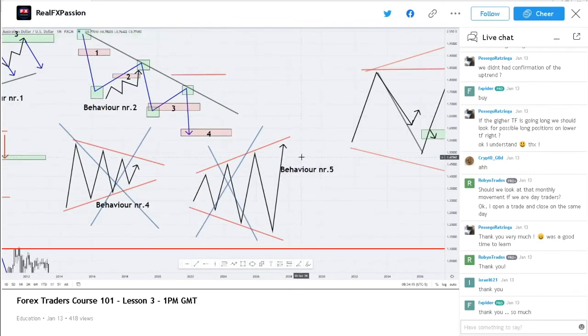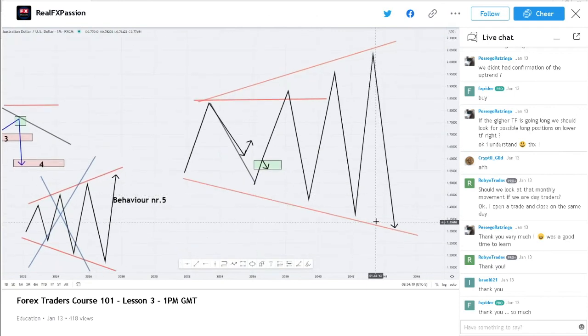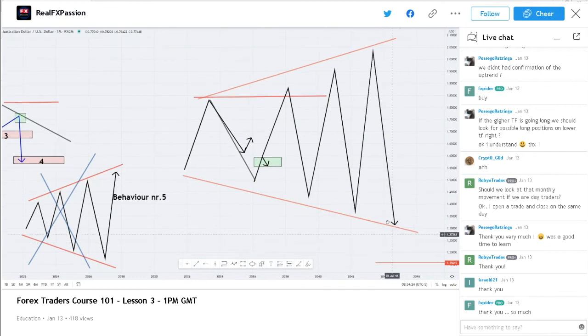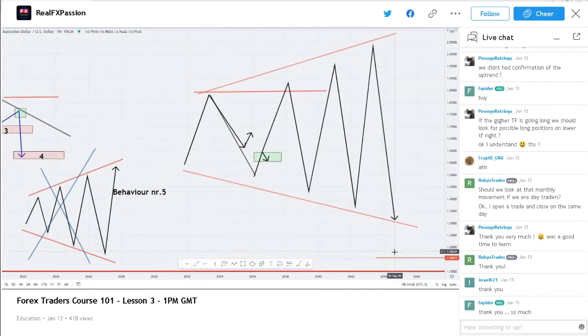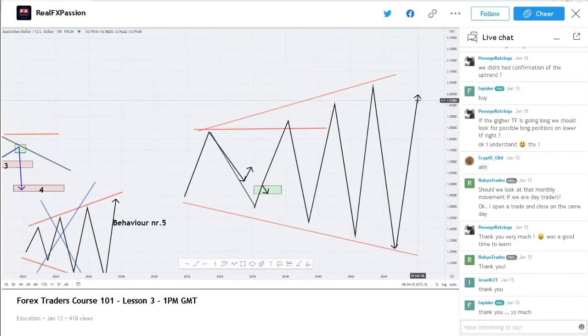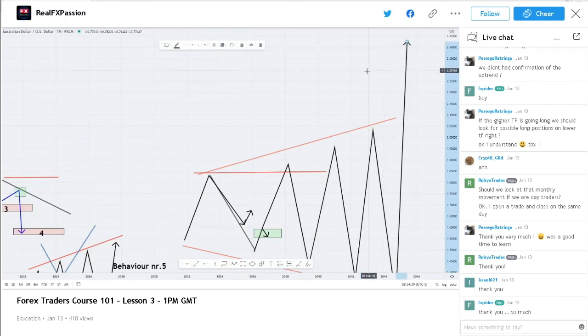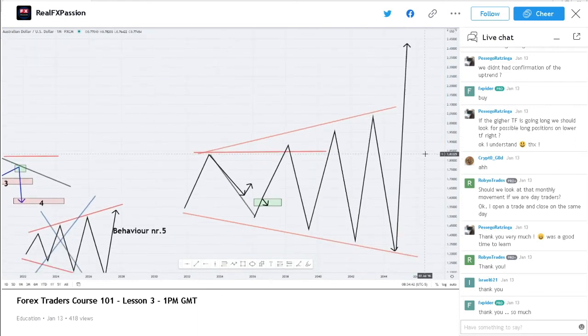But talking about behavior number 5, everybody, you can be smart and say, well, I'm going to put my stop loss down in this hole, 2000 pips above or below. Well, we don't have a crystal ball, right? What if the market goes 250? It's going to do something crazy like this, especially on the smaller time frames. Make sense, everybody?